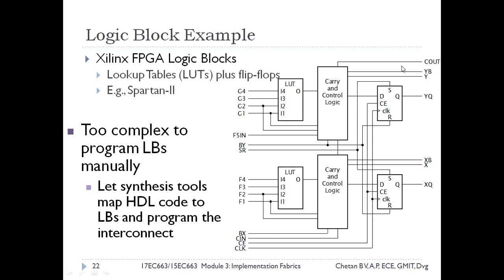Hence through this register we can obtain the registered output, or else through this carry and control logic we can obtain the unregistered output, and also the complement of the unregistered output, that is YB. YB represents the complement of the unregistered output, Y represents the unregistered output, and YQ represents the registered output. Similarly, the second lookup table can also implement a function which has 4 variables, and its carry and control logic will work in the same way as described for this block.